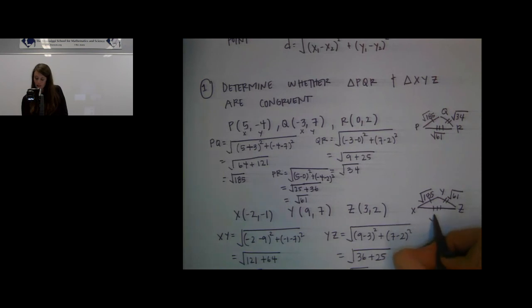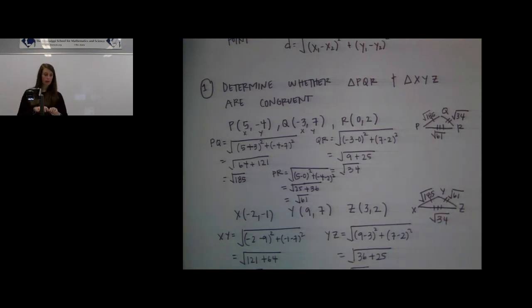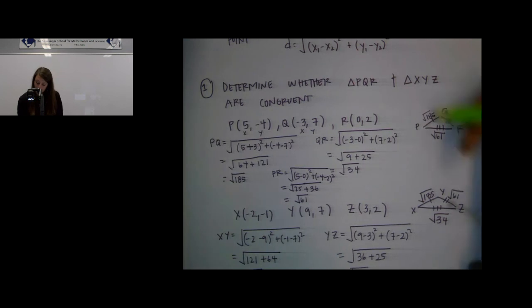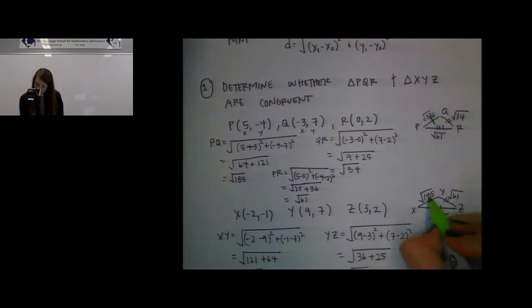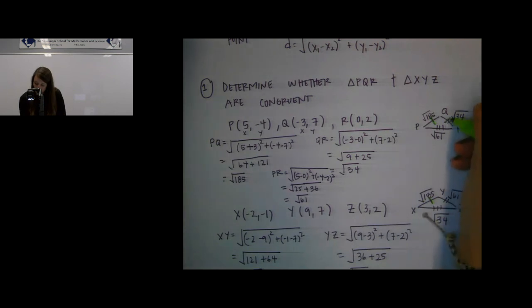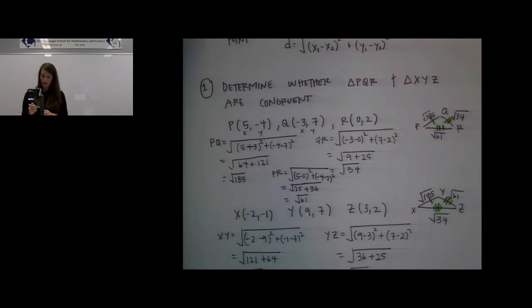Okay, so I have all the same answers, but something's different. PQ is congruent to XY. QR is going to be congruent down here to XZ. PR is going to be congruent to YZ.